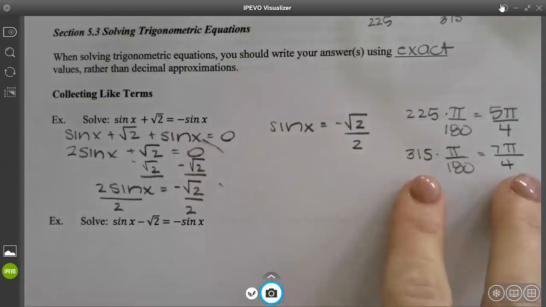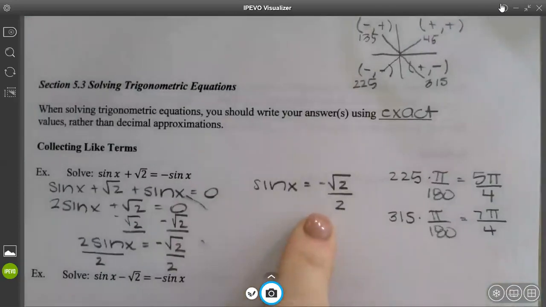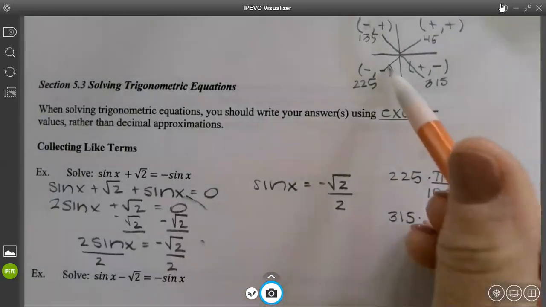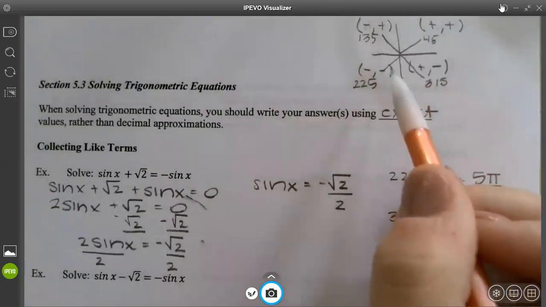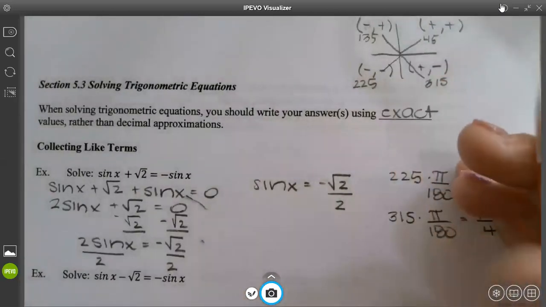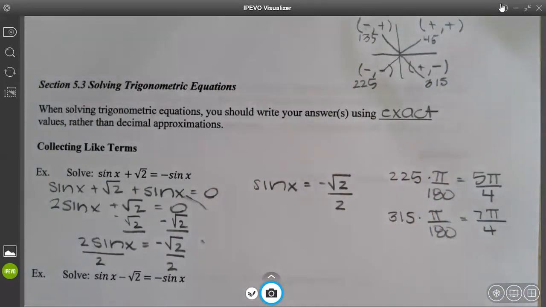So are these the only two values where it'll be negative square root of 2 over 2? Yes or no? No, why? Because I could do a full circle from there, and then I could do another full circle and another full circle as many times as I want to, and it's still the same answer, right? So how can I write that?